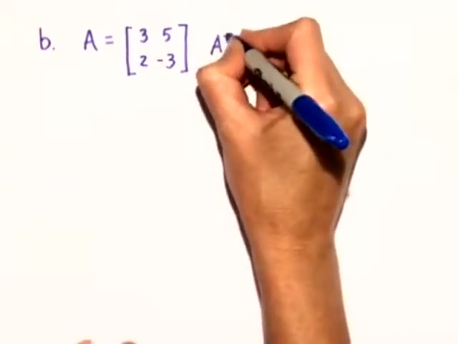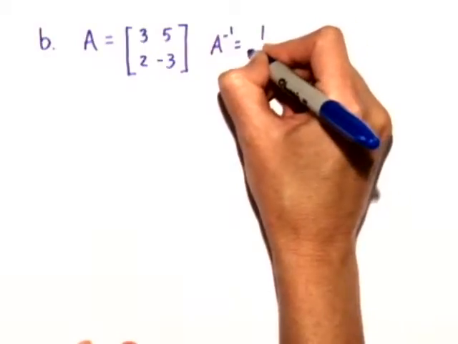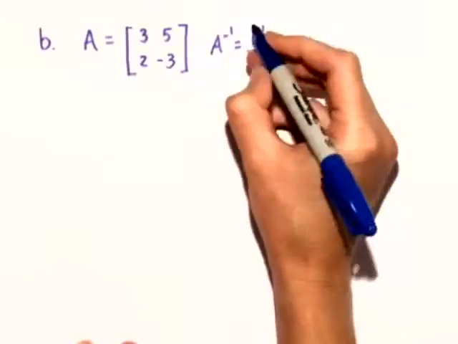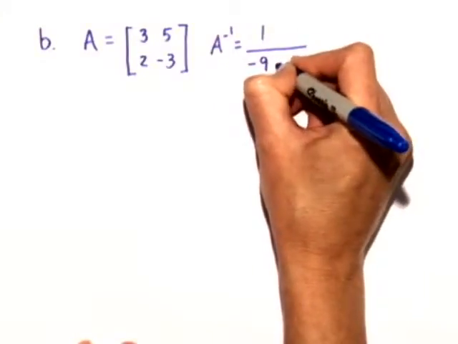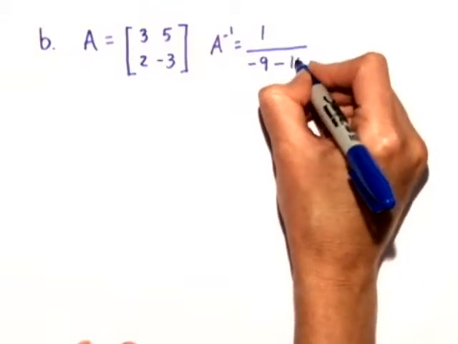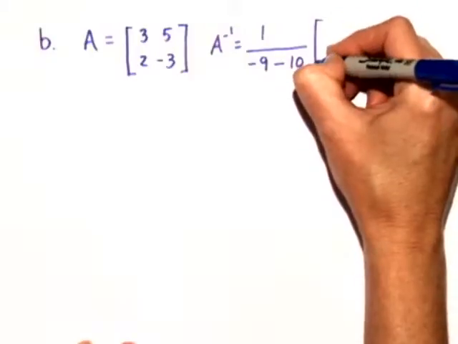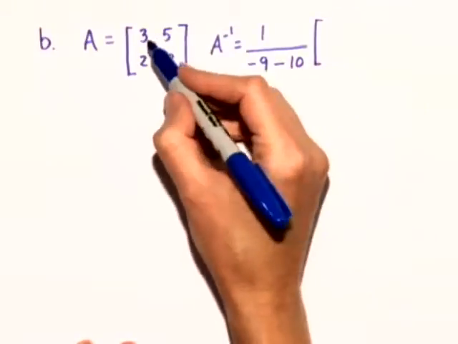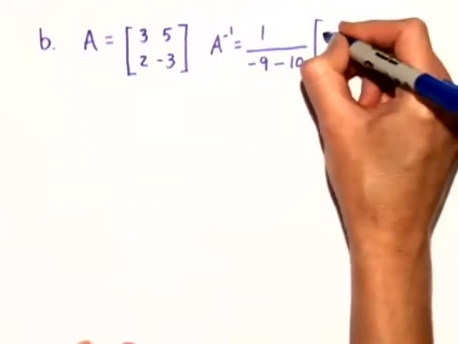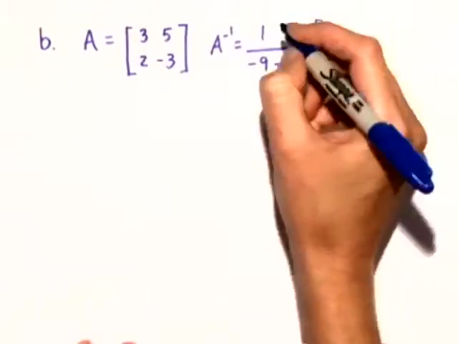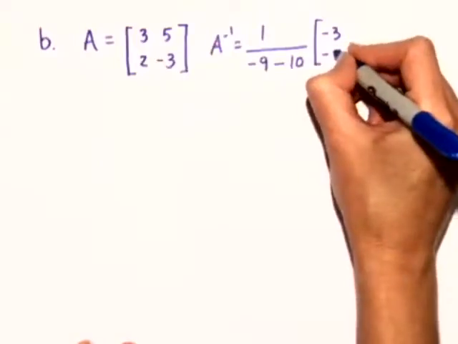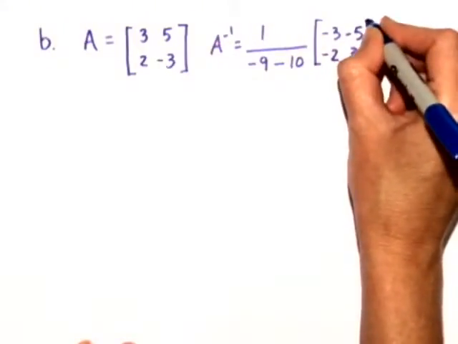So in order to find A inverse, we take 1 and we divide that by, first, we multiply along the main diagonal. 3 times negative 3 is negative 9, and we subtract the product of the other diagonal, 2 times 5, which is 10. And we multiply that by a matrix in which we switch the two elements along the main diagonal. So we switch the 3 and the negative 3. And then along the other diagonal, we just take the negatives of those two elements. So we have negative 2 and negative 5.